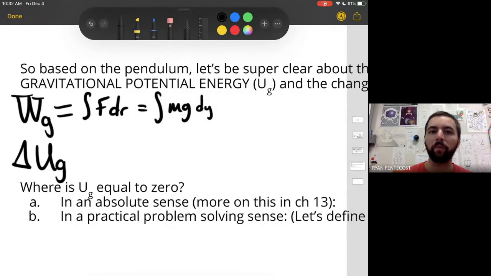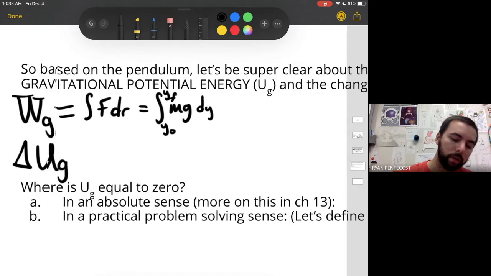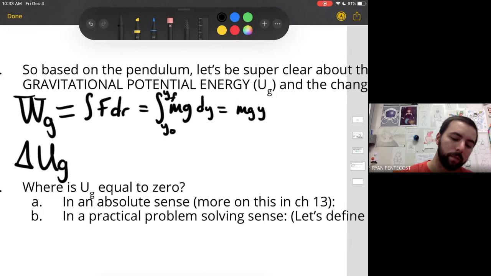Okay, no matter what free body diagram you're doing, no matter what complex incline you've got, gravity's always down, right? And we will integrate from some initial y naught to some final yf. Okay? So if we integrate this, you get mgy from y naught to y final.